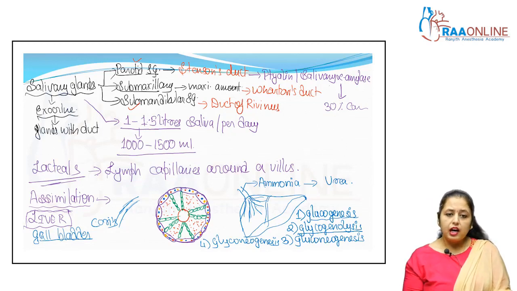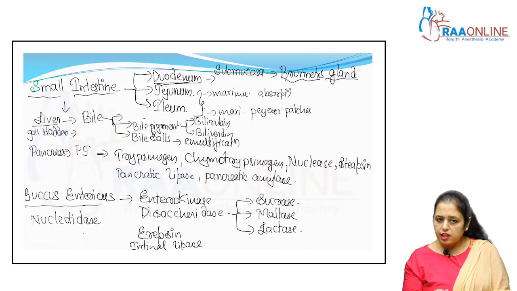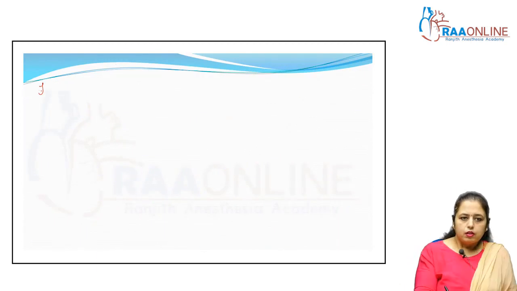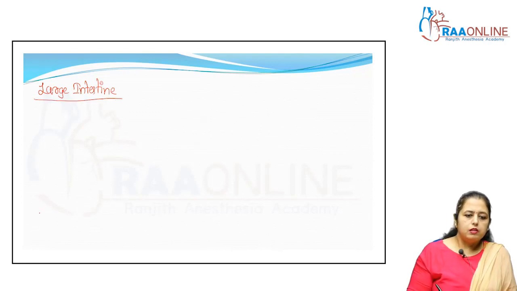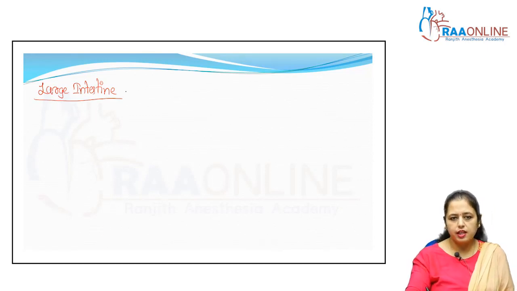One more thing, after the assimilation and all these things, the fecal matter or the undigested food material goes to the large intestine. The small intestine is continued into the large intestine, right?